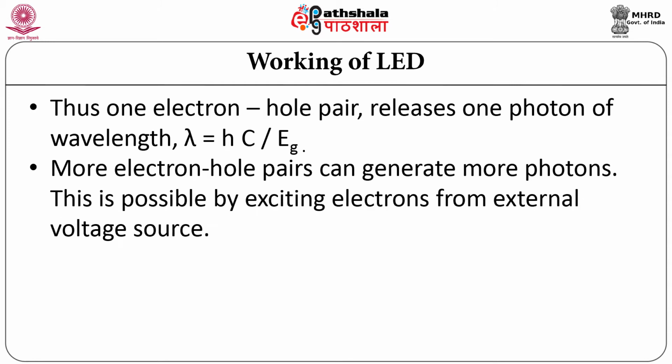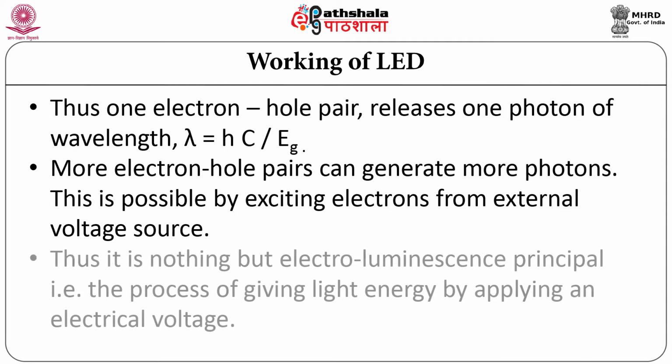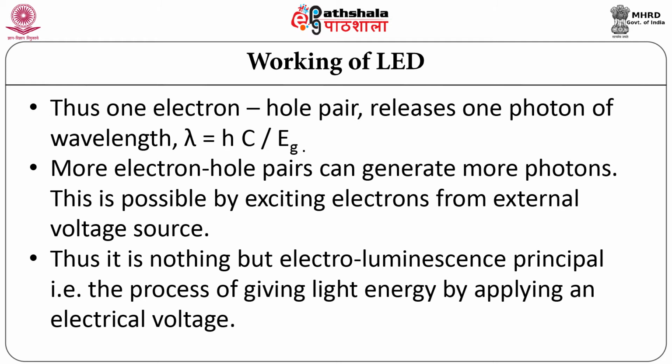More electron-hole pairs can generate more photons. This is possible by exciting electrons from an external voltage source. Thus, it is nothing but the electroluminescence principle, that is, the process of giving light energy by applying an electrical voltage. It is seen that for different materials Eg is different, and therefore lambda, that is the wavelength, will be different.